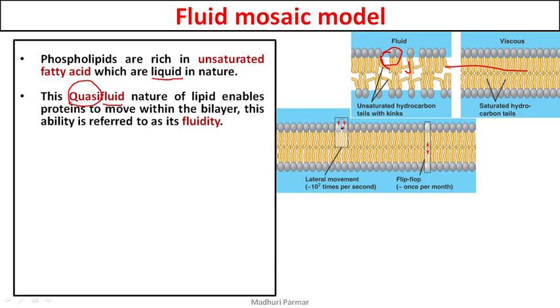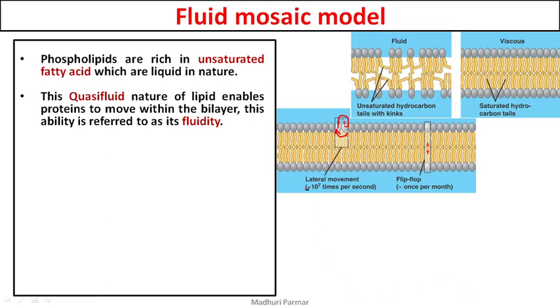Not only proteins but even the phospholipids move around. For example, here is a phospholipid and here is another phospholipid. If you see the diagram clearly, it is showing that this phospholipid can go and take this phospholipid's place and vice versa. So they can just swap places with the neighbors.